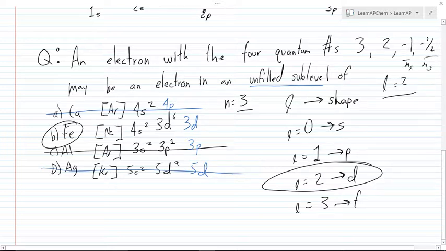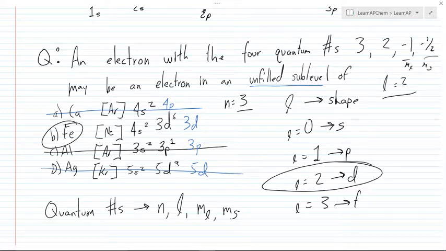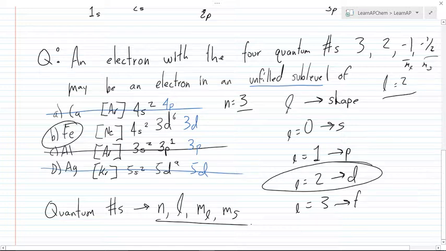So when you're doing a question like this, our quantum numbers are as follows. It's going to be n, comma l, comma m sub l, comma m sub s. So when you see 3, 2, minus 1, minus 1/2, you should immediately think of this. And then start with the energy level, start with the shape.